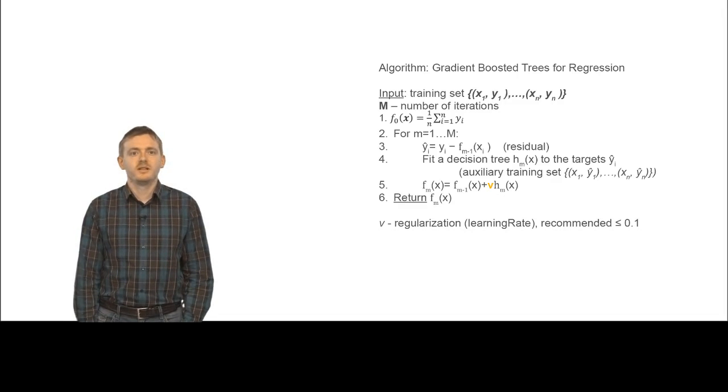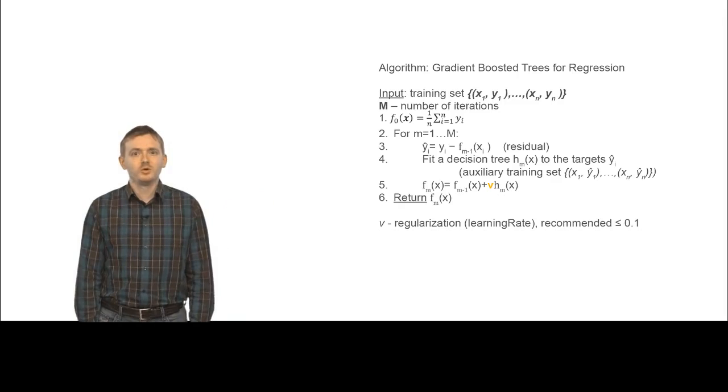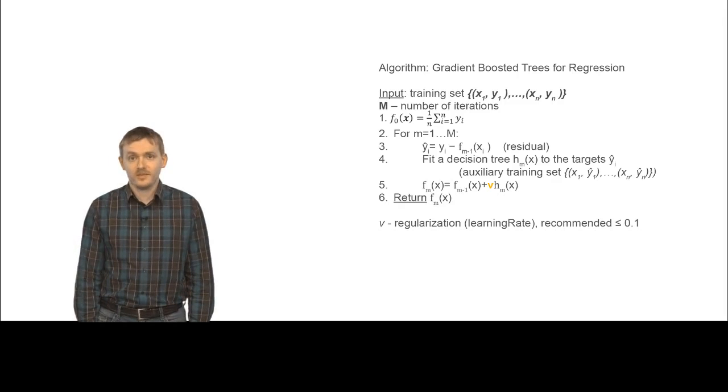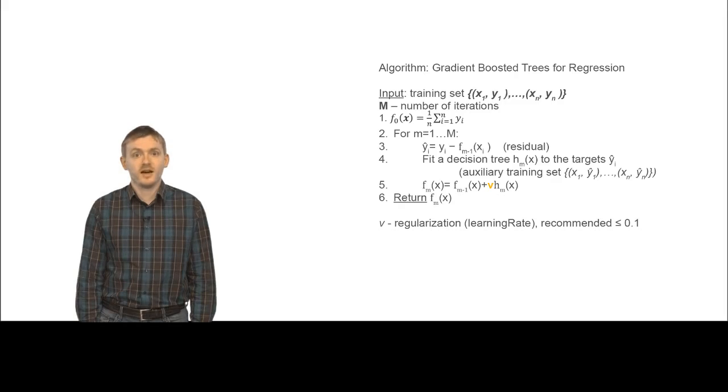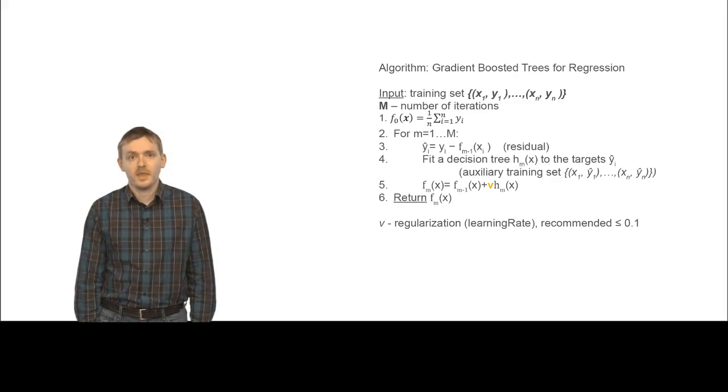And then you repeat lines 3 to 5 for capital M iterations. What do you do at step number 3? You calculate the residual. What is it? The residual is a difference between the target y_i and our current prediction f_{m-1}(x_i).